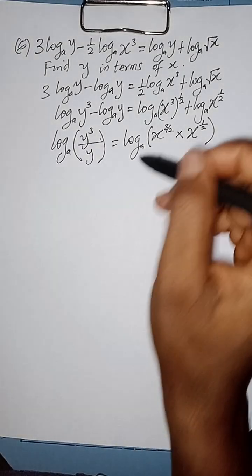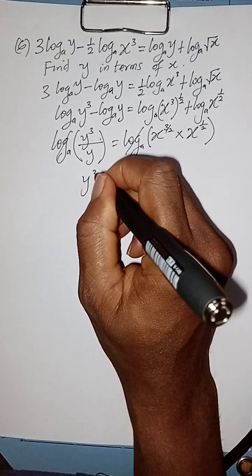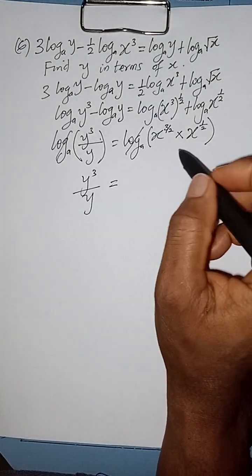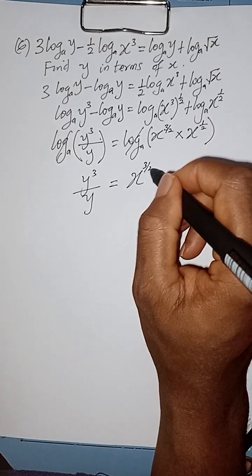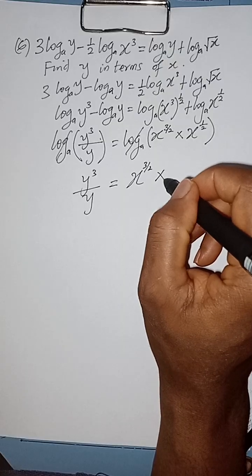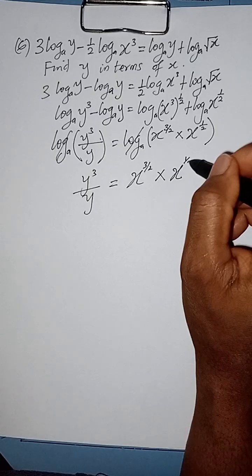We'll cancel out the log so that we're left with y raised to power 3 divided by y equal to x raised to power 3 over 2 times x raised to 1 over 2.